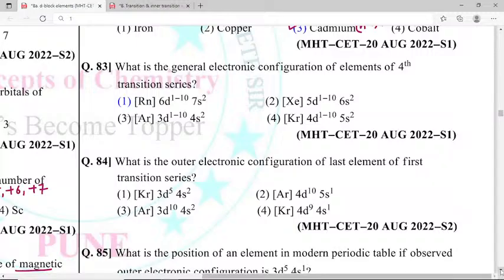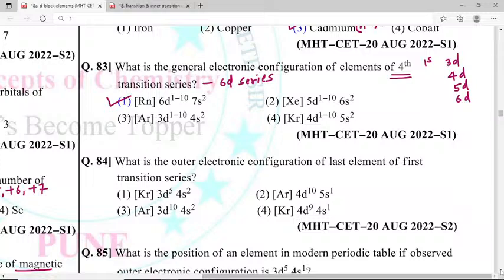What is the general electronic configuration of the elements of the fourth transition series? The fourth transition series is the 6d series, so 6d is your answer. First transition is 3d, then 4d, 5d and 6d.